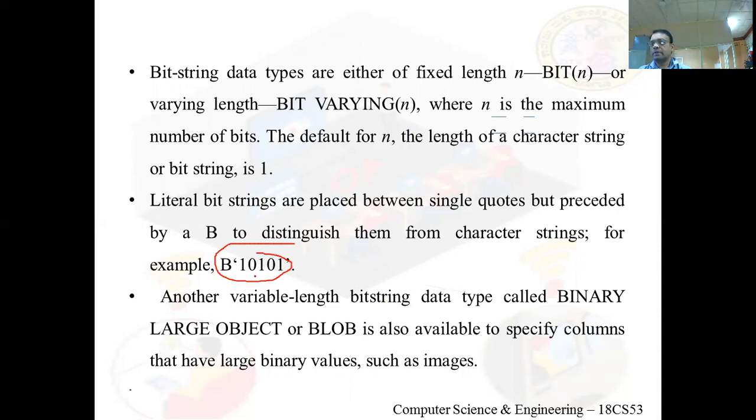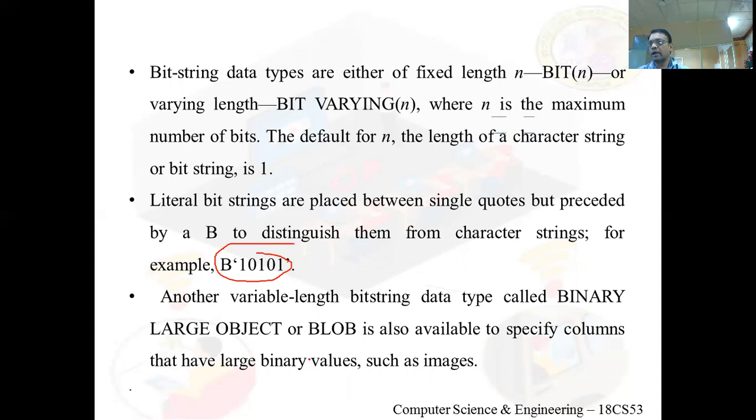And if you want to store large binary objects, we go for the blob data type. If you want to store images, we use blob. Blob stands for binary large objects.